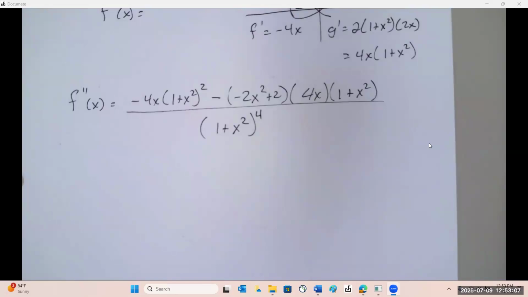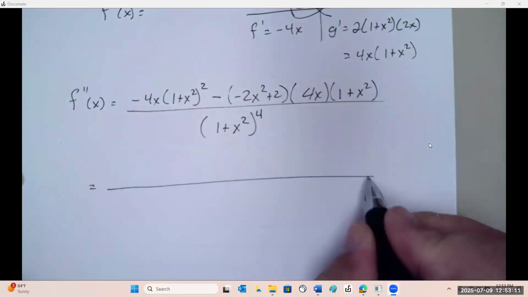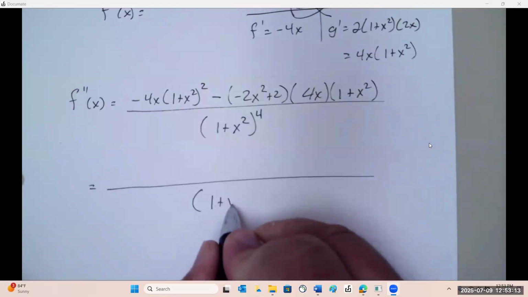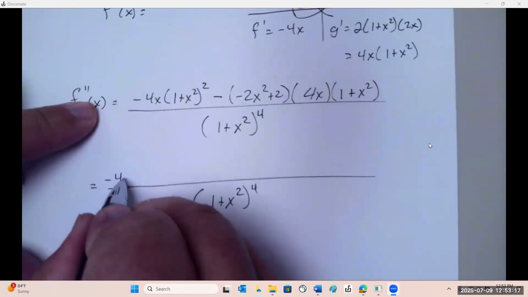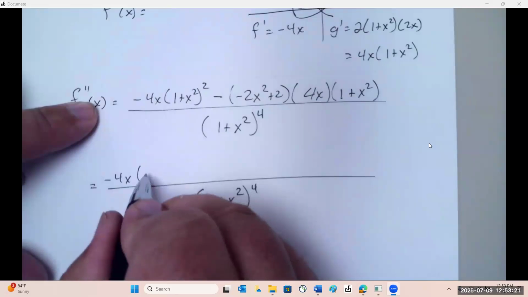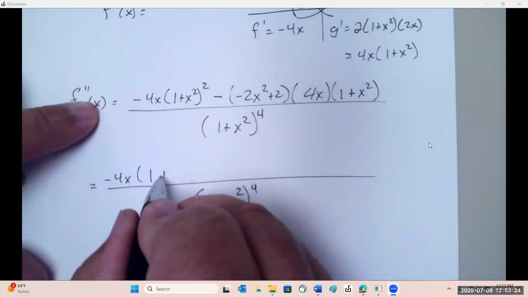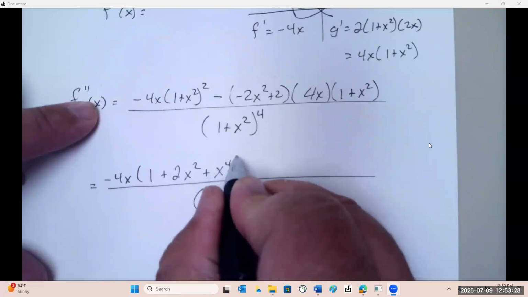Yes, we have to fix the top. So we have negative 4x times (1 plus x squared) squared, which becomes 1 plus 2x squared plus x to the fourth.